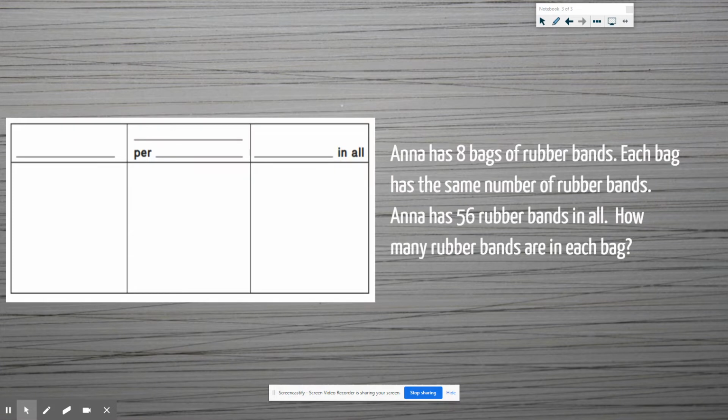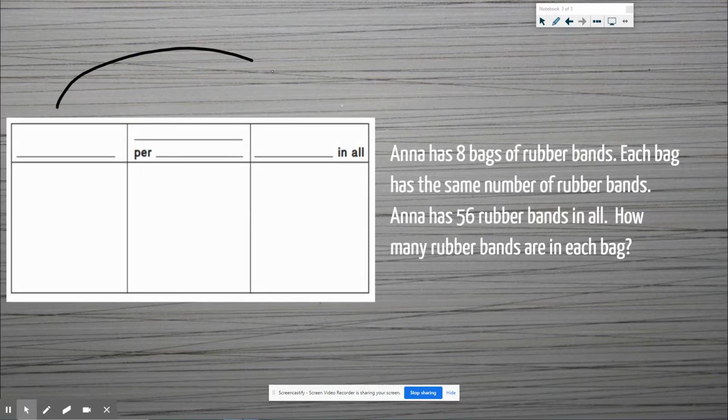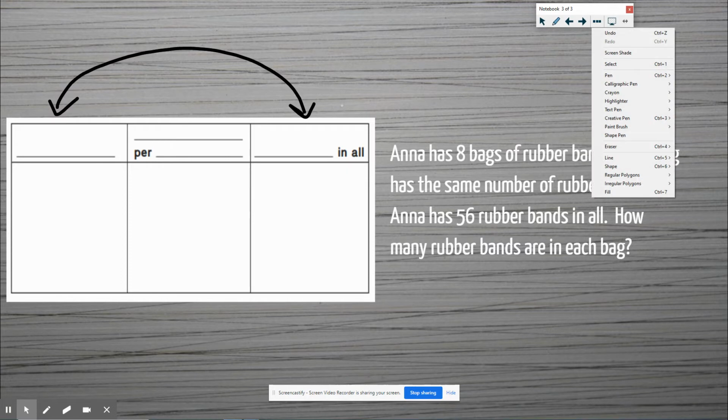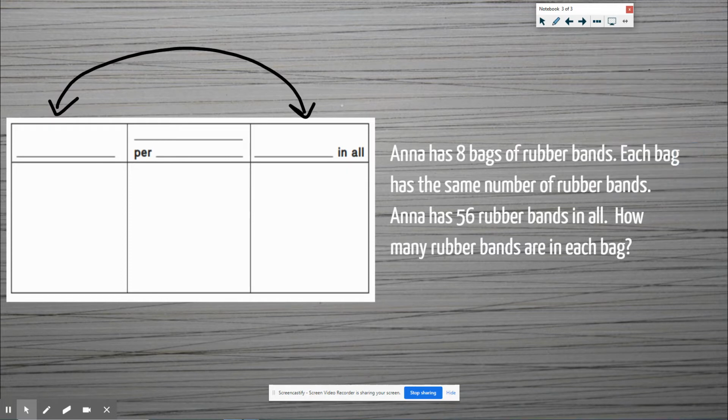Okay, so remember our goal is to use a multiplication division diagram. This chart is a multiplication division diagram. I always like to think about it this way. So if I were to start here and then go to the end to the right, then I'm going to multiply.